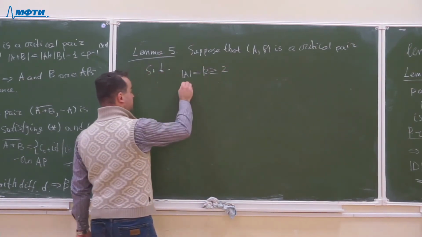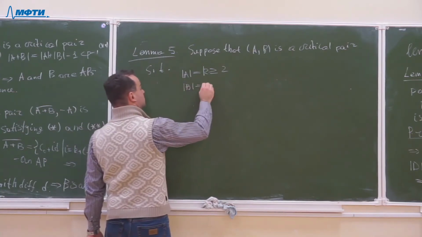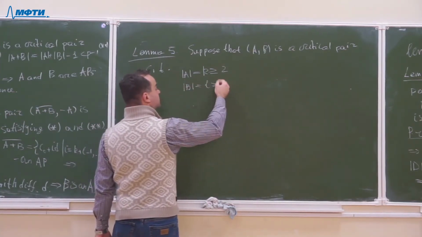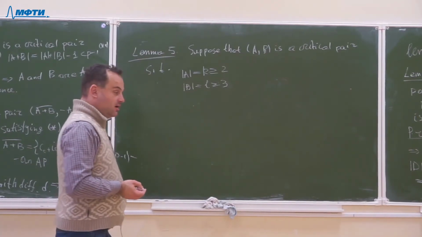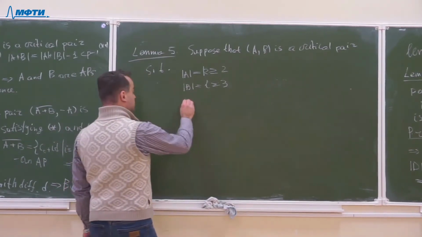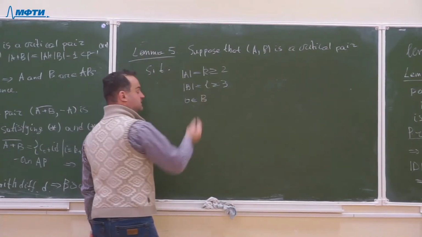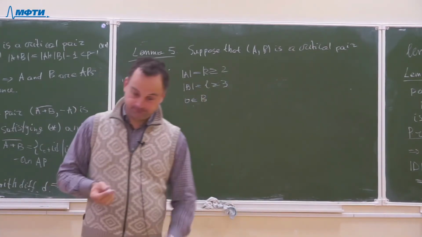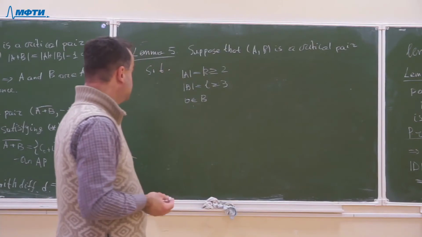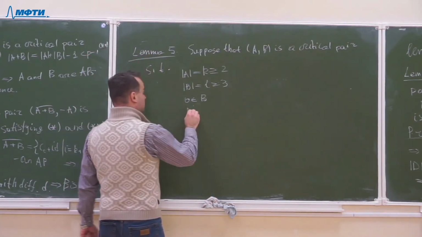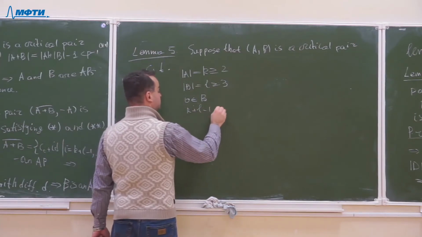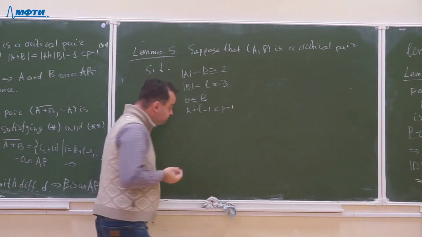Cardinality of B is L, and this is at least 3. 0 is an element of B, is our supposition. And also, naturally, K plus L minus 1 is strictly smaller than P minus 1.